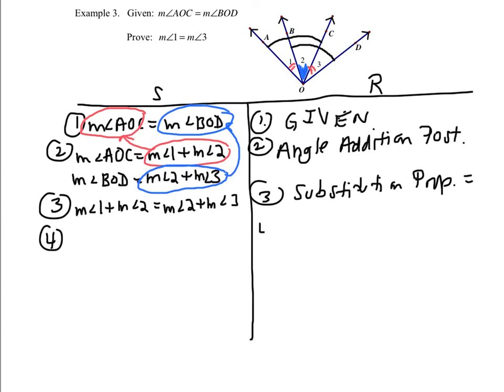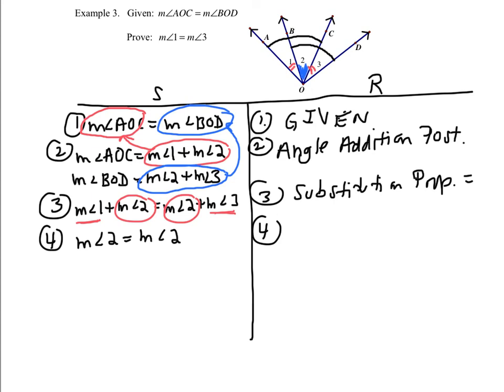In step 4, we need to be really clear about something that is pretty obvious. Before we can just subtract the measure of angle 2 from both sides to leave angle 1 and angle 3 by themselves, we have to say explicitly that the measure of angle 2 equals the measure of angle 2. Okay, we all know that that's true.